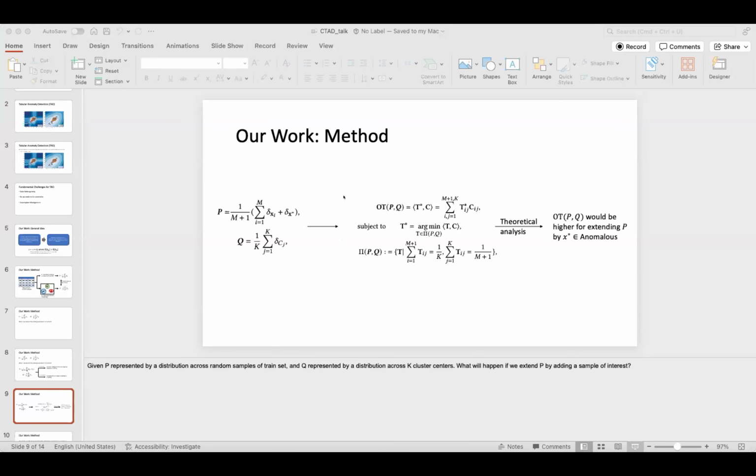No, you can use it. Which one is your slide? This one, right? Yeah, if you want to use this, just in case.